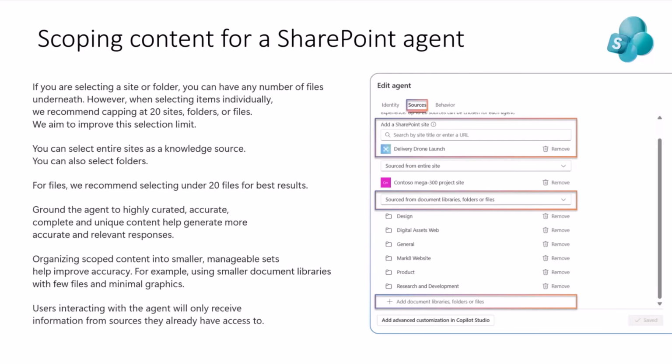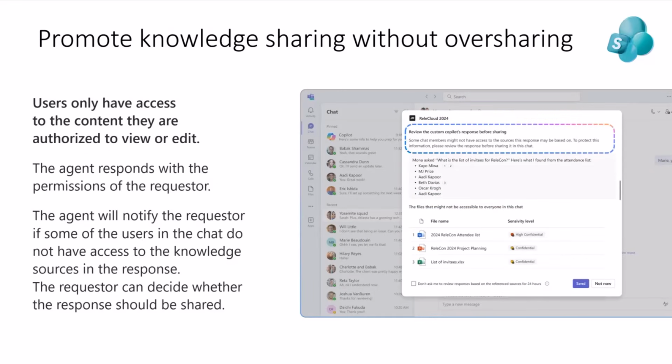And then a really, really important thing: it is actually aware of oversharing. We're going to do live demos on this in future demos as we deep dive on the SharePoint agents in the series. But if you are sharing an agent, for example, in a Teams chat with people who don't have access to the source files, we will explicitly ask you whether you still want the answers to be available, so that the end user takes responsibility.